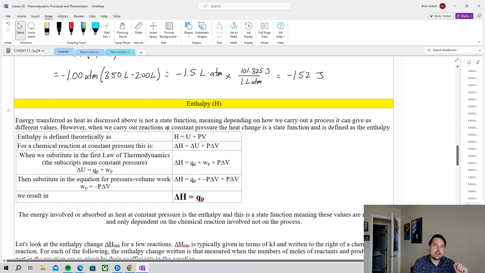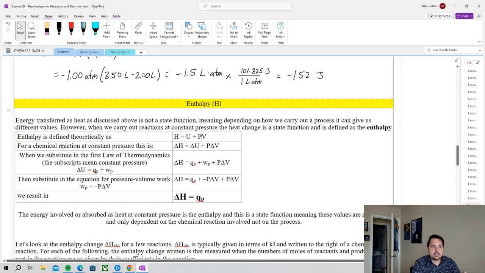However, if we carry out a reaction at constant pressure, the heat change actually is a state function. And we define this as this new term called the enthalpy, which is given the letter H as its abbreviation.